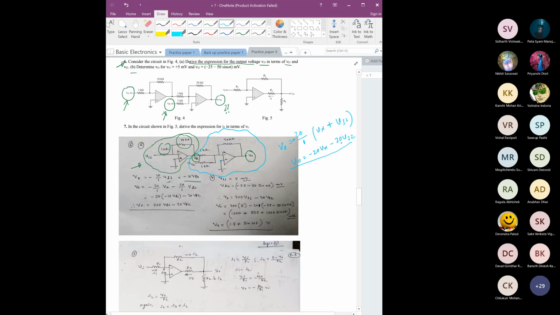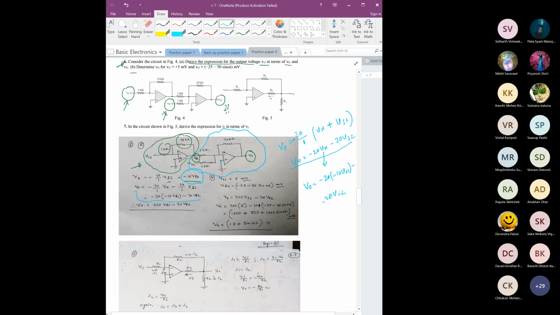You can see the same thing has been found from here. Now what is this Vx? We have already found it is 10 times Vi1. So it will be minus 20 into 10 Vi1 minus 20 Vi2.